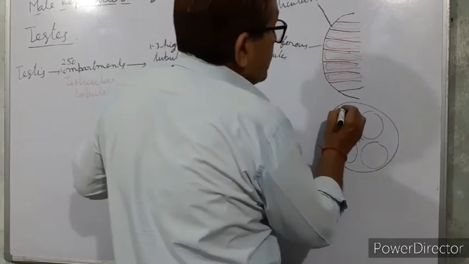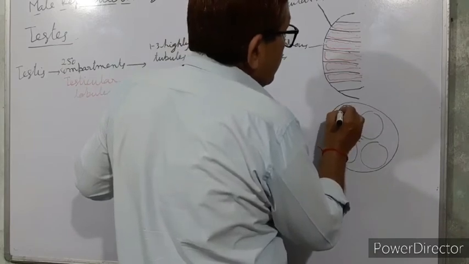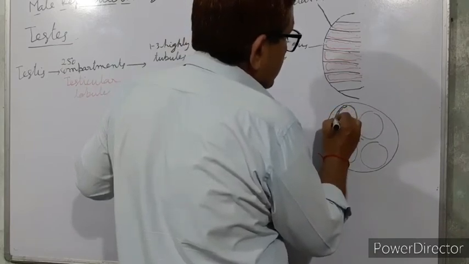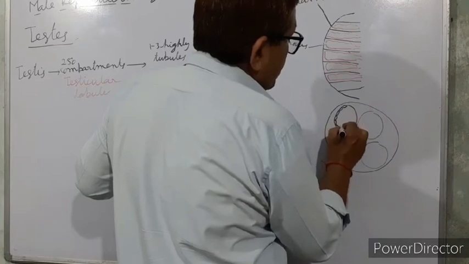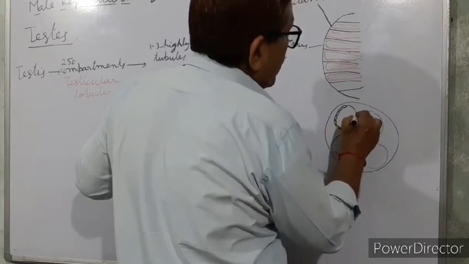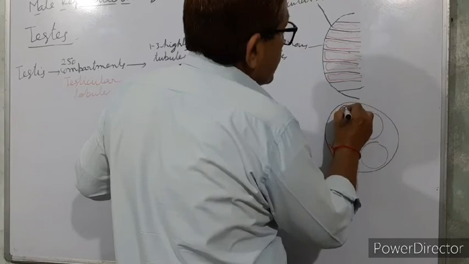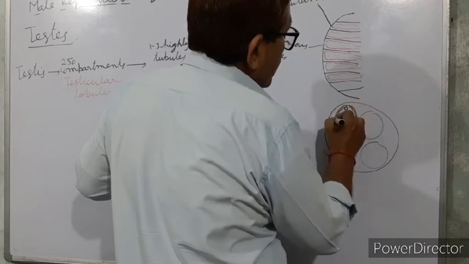In the seminiferous tubules, the inner lining is the germinal epithelium.